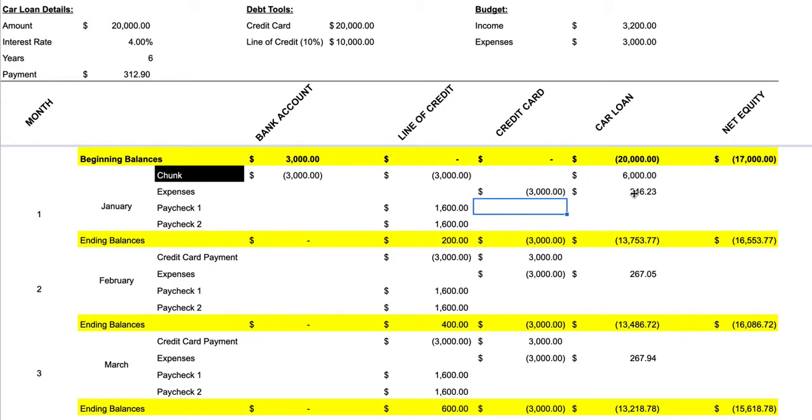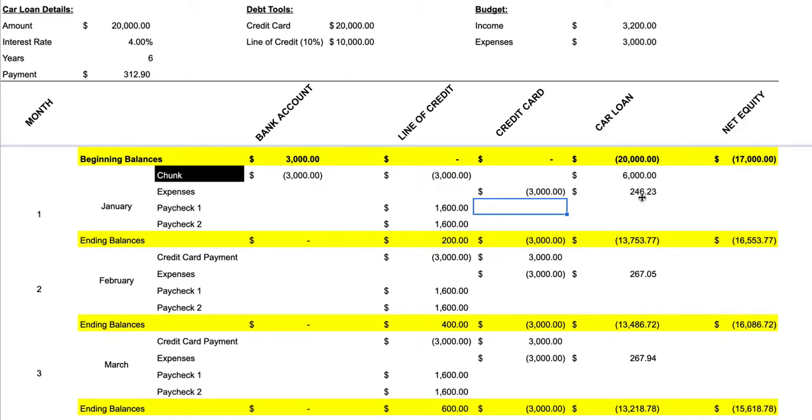So now the car loan, remember, after the chunk, you also have to make the monthly payment on the car loan. So that $312.90 on this first month, this first payment, you're gonna have $246.23 go towards the principal of the car loan, right?